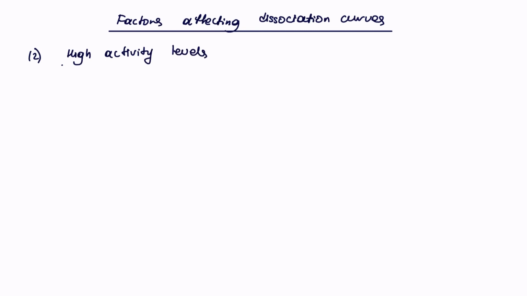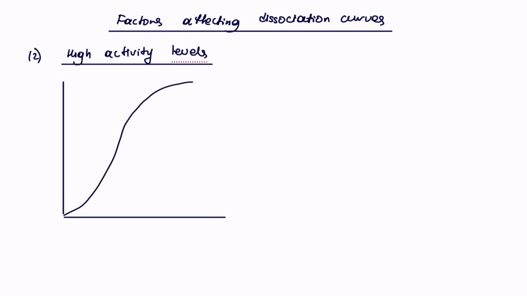Okay, the second factor that can affect the dissociation curves is the high activity levels. So again, guys, if you could just draw another graph for me, please, and we're going to be comparing the dissociation curve for the human hemoglobin versus hawk's hemoglobin. A hawk is a bird that obviously flies in the sky, and it actually uses a lot of energy.